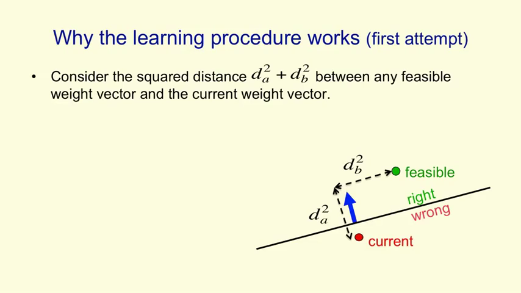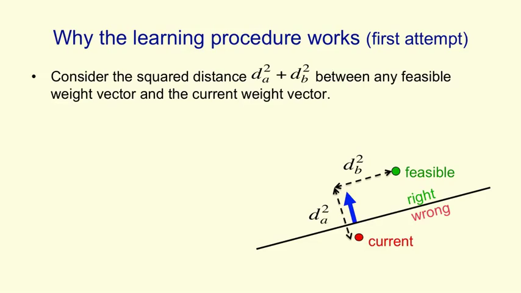So we start with a weight vector that's getting some of the training cases wrong. And in the diagram we've shown a training case that it's getting wrong. What we want to show, this is the idea for the proof, is that every time it gets a training case wrong, it will update the current weight vector in a way that makes it closer to every feasible weight vector.